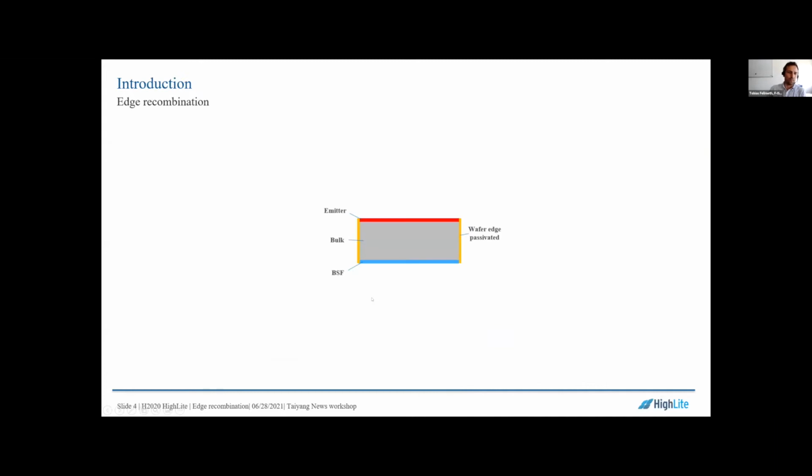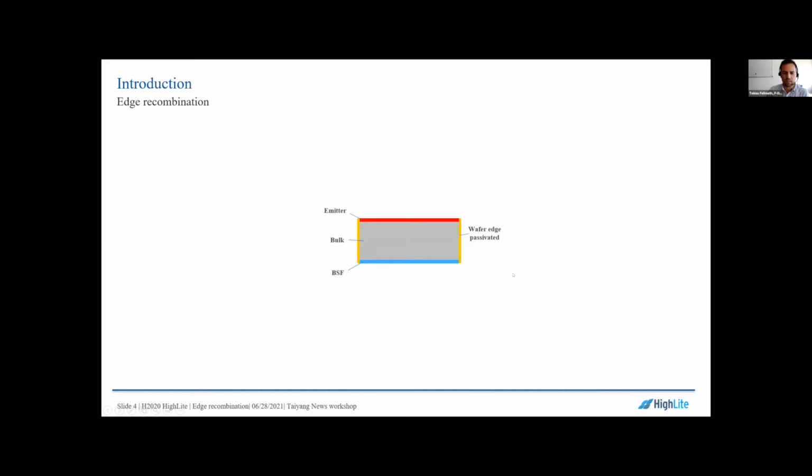So therefore, edge recombination obviously plays a tremendous role in these new concepts, and we also have a general trend towards higher efficiency. Therefore, we need to look at edge recombination. Here you see a generic cross-section of a solar cell with an emitter, a bulk, and a back surface field, and usually the wafer edges are passivated.